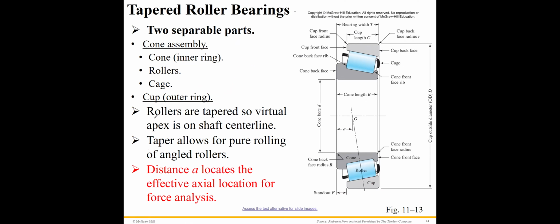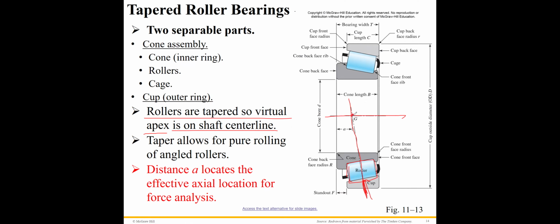This is the taper roller, and we have a force line. We just extend the force line and get an intercept with the shaft central line.